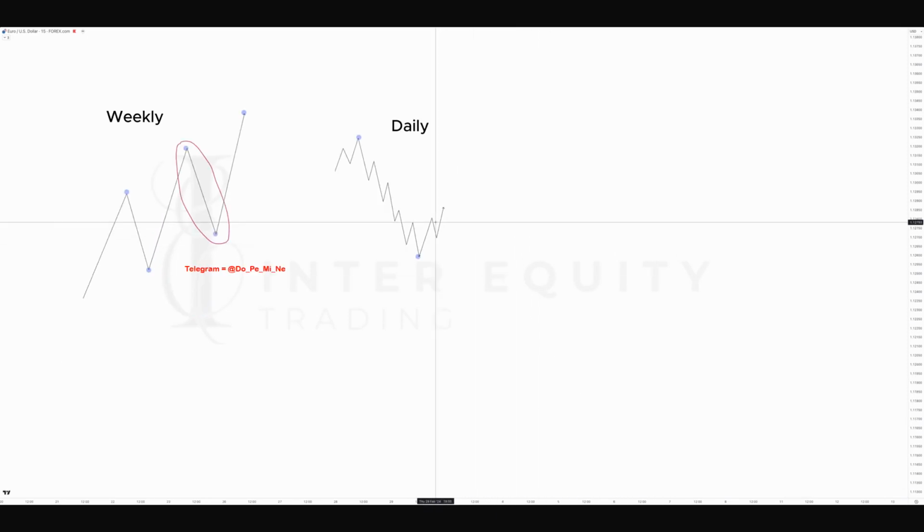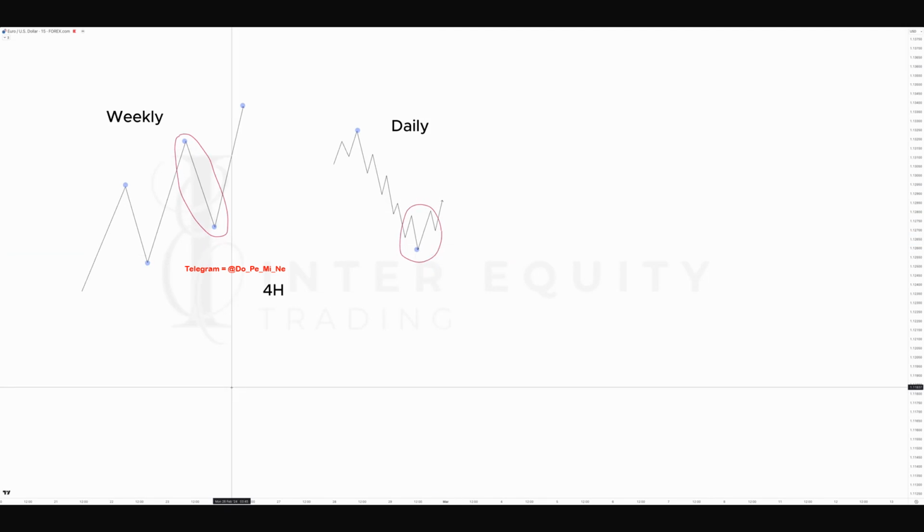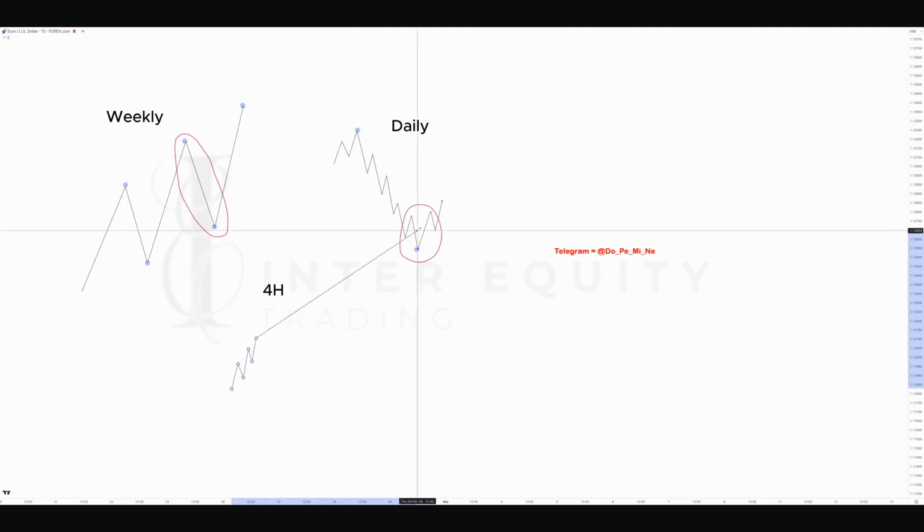Okay, so now let's look at this area on the 4-hour time frame. Okay, so on the 4-hour, I'm going to start from right here, right? I'm going to start from this low right here and then create that lower high on the daily time frame. Okay, so this high is this high over here, and then price has a break of structure to the downside, pulls back, right?